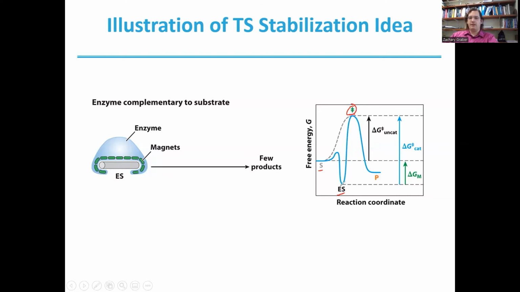In fact, it actually hurts us because now we have to break those same interactions as we move into our transition state, and so our activation energy barrier gets higher. So this sort of enzyme that's perfectly complementary to our substrate would actually slow down the reaction rate. It would essentially just bind your substrate and hold it in that original reactant structure and not allow it to react.